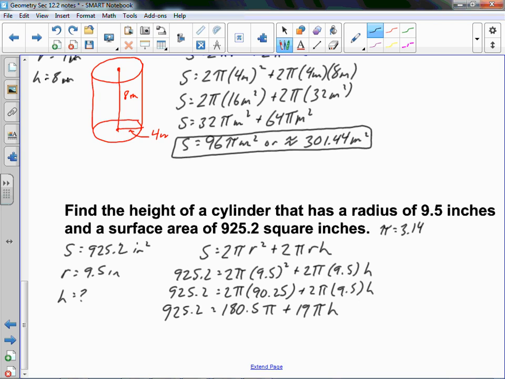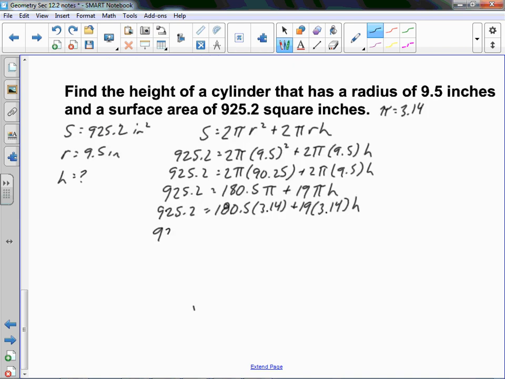We plug in 3.14 for pi. It becomes that. It's 925.2. We'll play that out. That's going to be 566.77 plus 59.66 h.